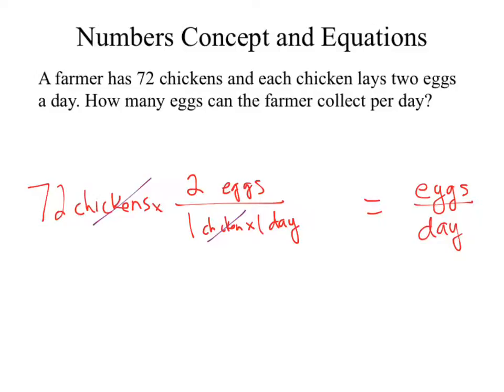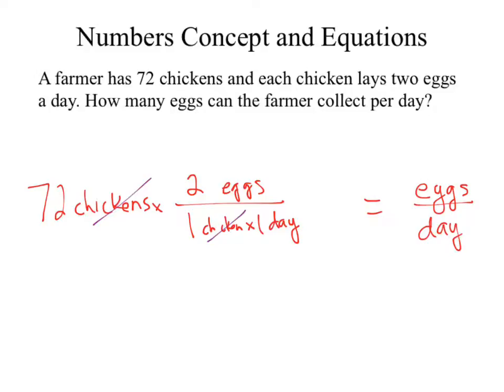I always feel bad about this example because of this next part. Let's say the farmer has a hard time counting above 10. I get mauled by farmers. We've got 144 eggs per day.